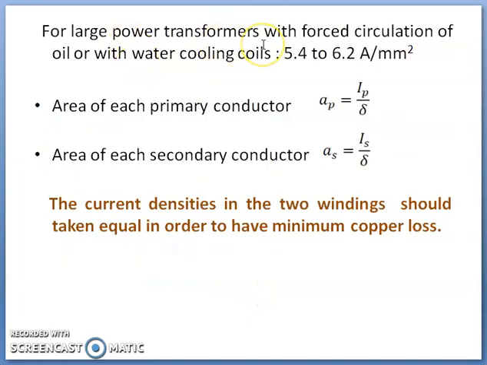For large power transformers with full circulation of oil with water cooling, for MVA rating transformers, sometimes hollow conductors are used for both primary and secondary winding, and through that conductor, demineralized water is allowed to flow as a coolant to keep the temperature rise within the permissible limit.